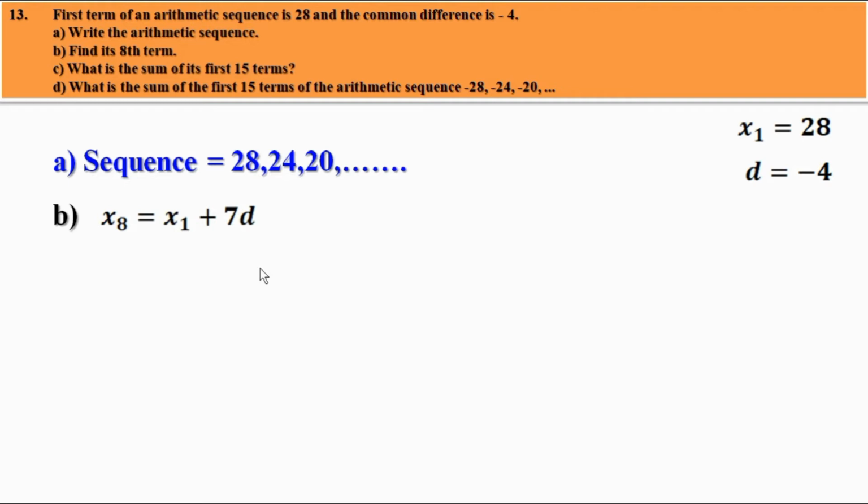Here first term is 28 and common difference is -4. So we can write it as 28 plus 7 into -4. Now 7 into -4 is -28. So it can be written as 28 minus 28 and that is equal to 0. That is the 8th term of the sequence is 0.